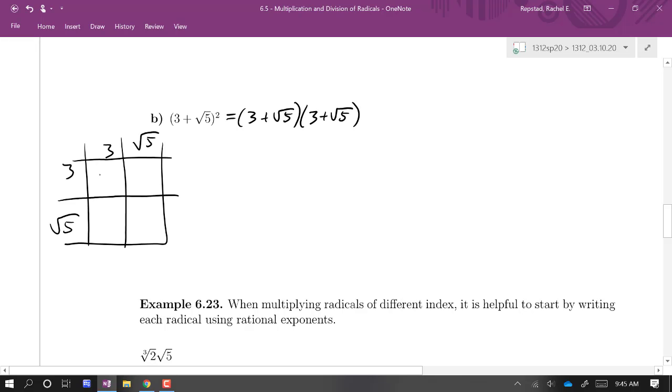In the top row, we got 9, 3 root 5. In the bottom row, we got 3 root 5 and 5. We have like terms along this diagonal, so we end up with 9 plus 5 is 14, plus 6 root 5.